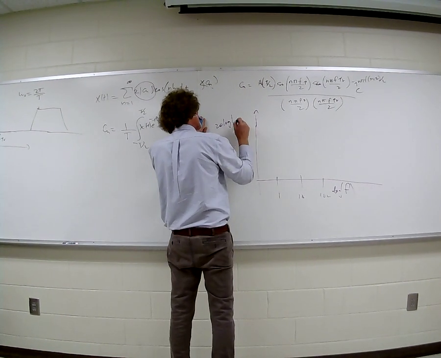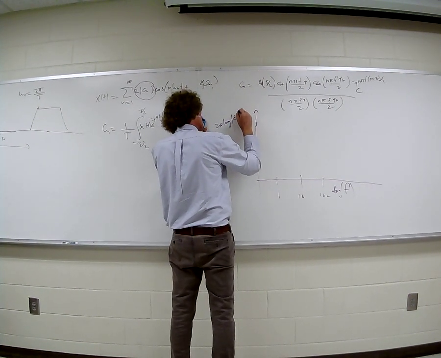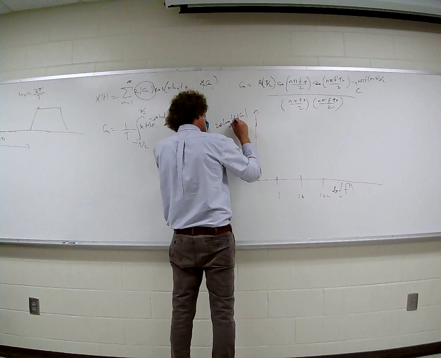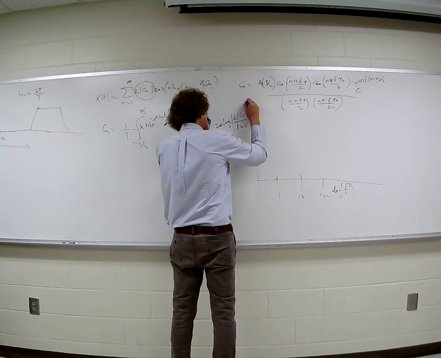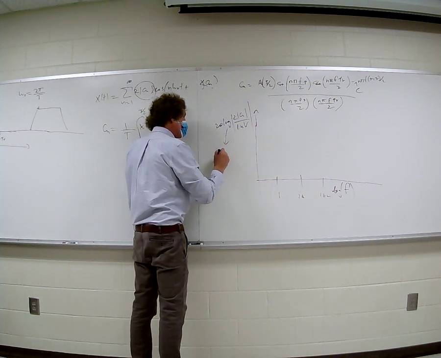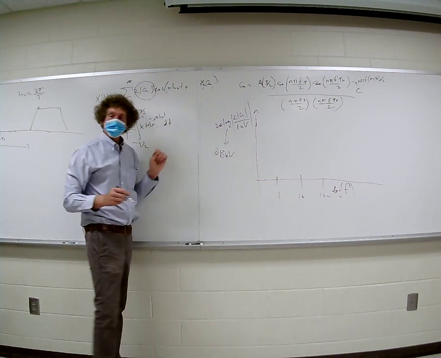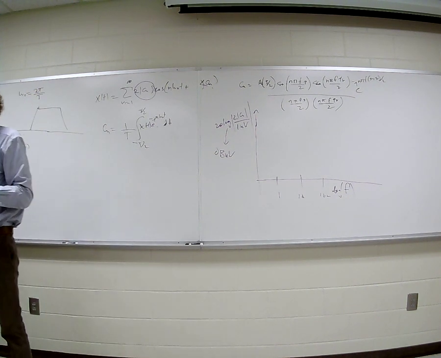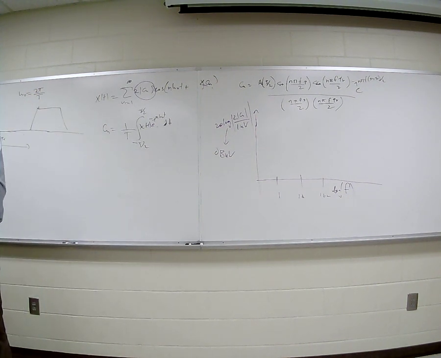So it would be 2 times the magnitude of c of n divided by 1 microvolt. That means this unit would typically be dB microvolts, and that's what you saw in the homework. Do y'all remember that class? dB microvolts? You're just taking the value and dividing by 10 to the minus 6 to put everything in scale together. Okay?